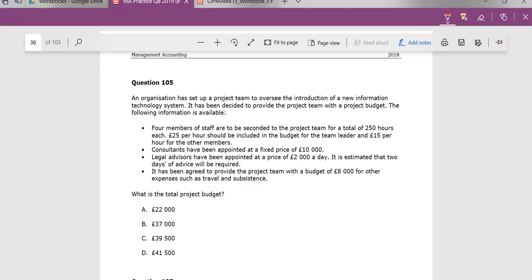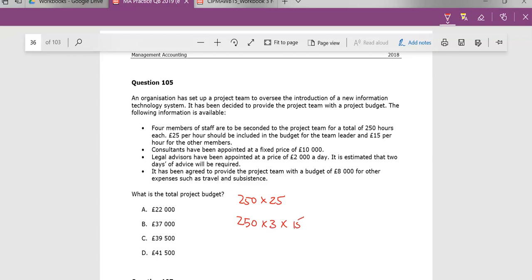For question 105, what we have here is again something very similar. We just have a project. Just take it step by step, and be careful. It says that in this you have 4 members. You have a team member, 250 hours, being paid £25. Then you have the other members, 250 hours, there's 3 of them, and they're being paid 15.